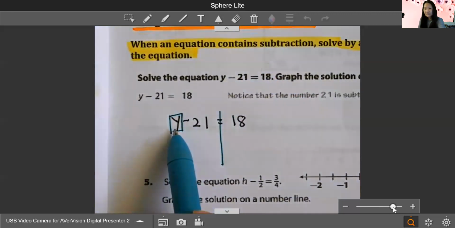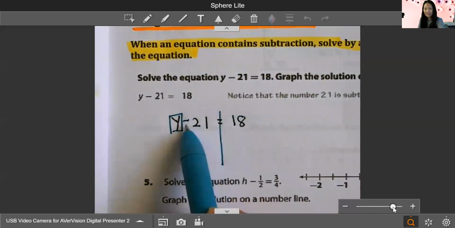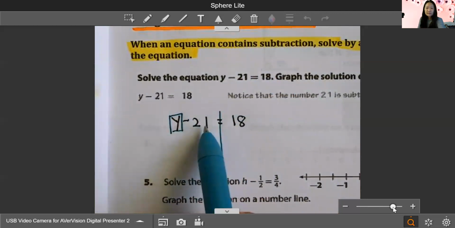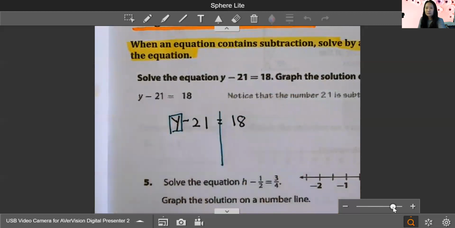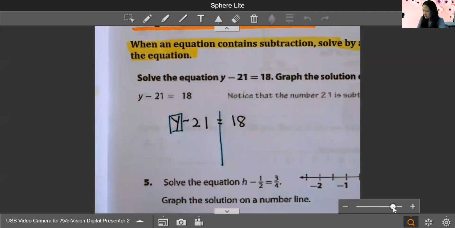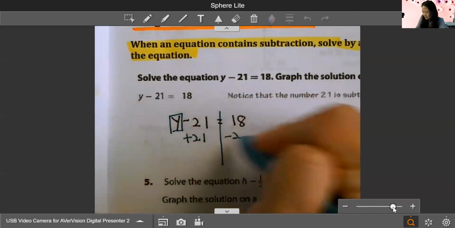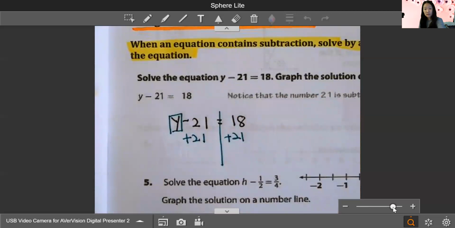Now, to do that, I need to get rid of the number that's on the same side as the variable, which is this minus 21. Now, minus 21 is the same as negative 21, and the opposite of that would be to add 21. So since it's minus 21, to get rid of that, you're going to add 21, not only on one side, but on both sides of the equation.